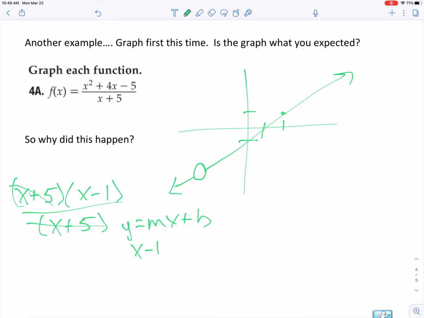And this is important because, look at this x plus 5. It's on the bottom. So you still need to say that there is something right there. So what I'm going to do is take that bottom, set it equal to 0, and I know that x cannot equal negative 5.